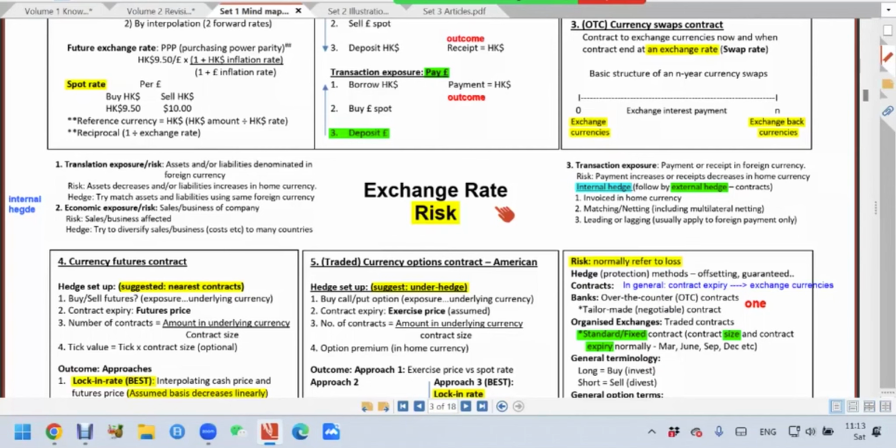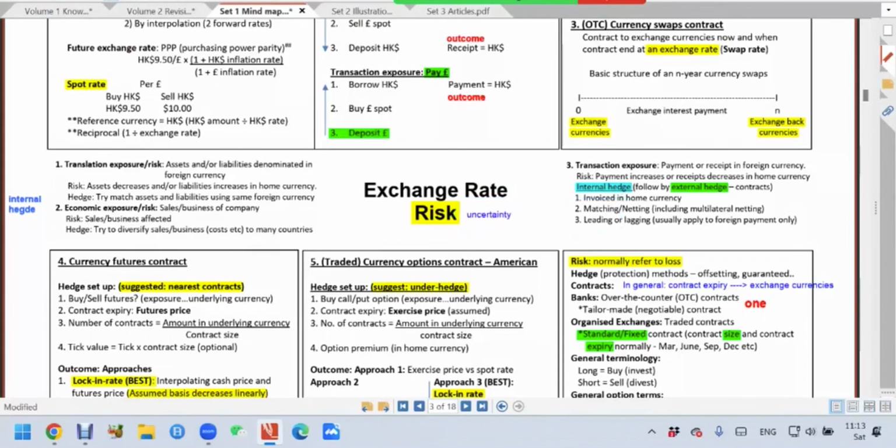Okay, so we say that because the exchange rate changes, you have uncertainty. We say you have risk. Sometimes we use risk and uncertainty interchangeably. Uncertainty.